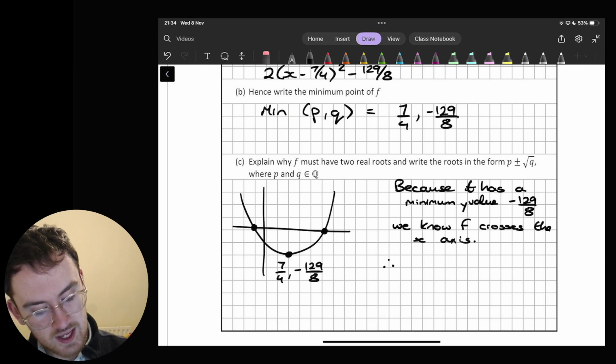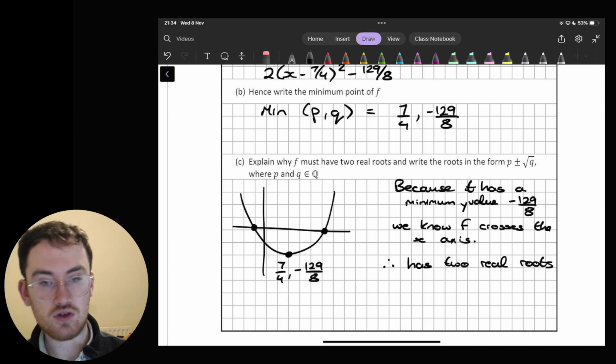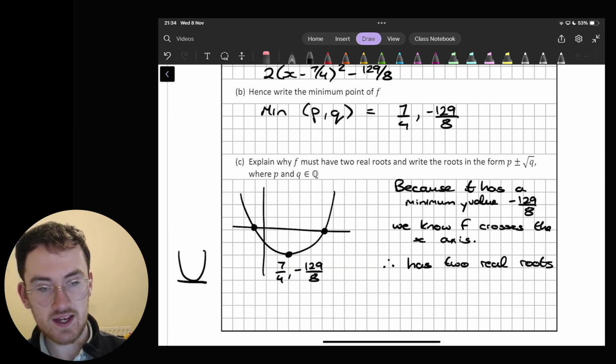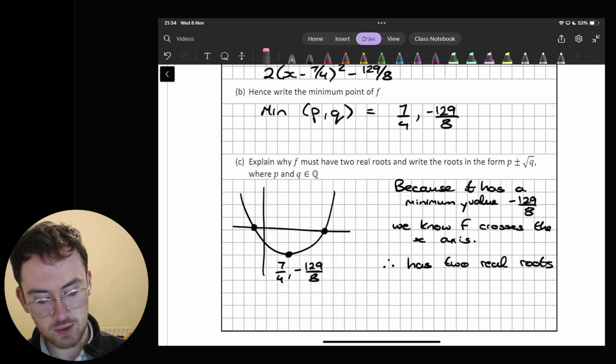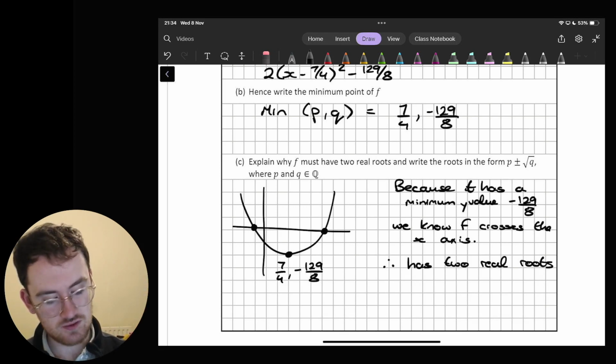And therefore, it has to have two real roots. If it had repeated roots, it would be just sitting on the axis there, and if it didn't have real roots at all, it wouldn't even touch the axis. But because it has a minimum value that's a negative y value, it has to have two real roots.